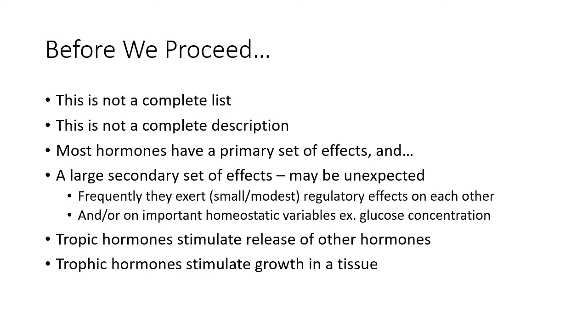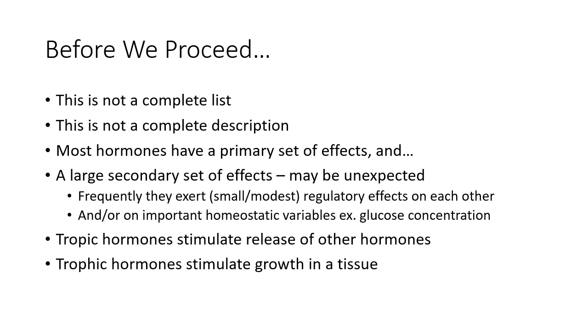There's a couple of words that describe some of the effects that hormones can have. There's tropic and then there's trophic. A tropic hormone is a hormone that stimulates the release of another hormone. So thyrotropin releasing hormone is called thyrotropin because it's stimulating the release of another hormone that's related to the thyroid gland. A trophic hormone is stimulating the growth of some tissue or some organ, so it's stimulating cell division.